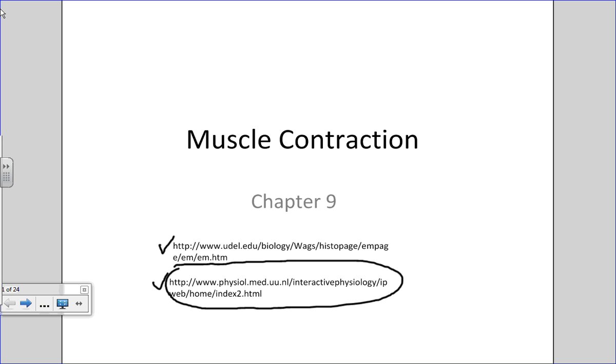On this website, there are very good visuals and actual animations for you to see, so I strongly encourage you to check out that site afterwards. And then again, the histology website out of Delaware. This is just an awesome web page to take a look at tissues. So on that note, let's talk about how muscles contract.